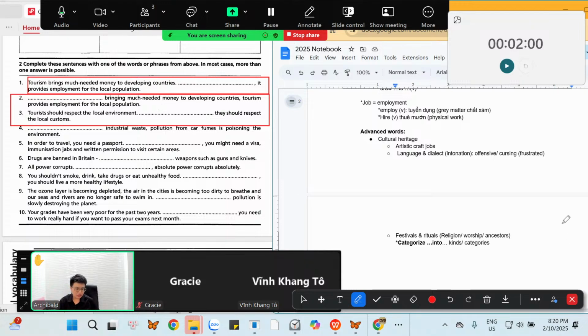So guys, look at this festival, religion worship. We worship the Buddha, something like this.